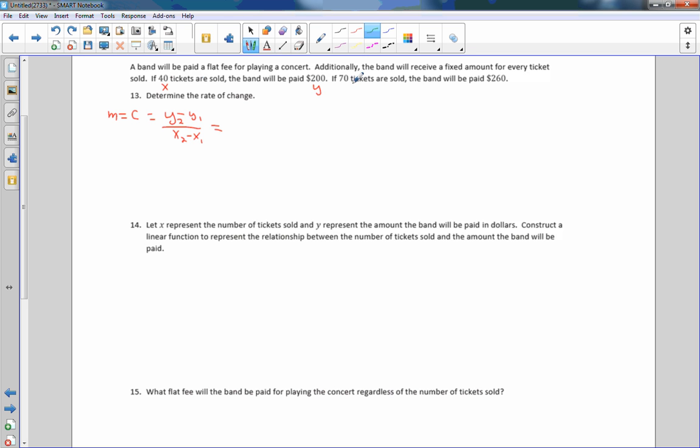If 70 tickets are sold, 260, so this is my x2, and this is my y2, and this is my x1, and this is my y1. So if I take y2, 260, minus y1, 200, and divide by my x2 of 70 minus my x1 of 40, then I get 60 over 30, which equals 2. So the rate of change is $2 per ticket.